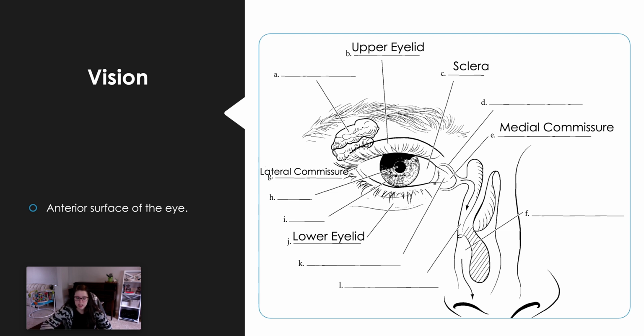The sclera, as I mentioned earlier, is the whites of your eye. This is pretty thick. The iris is the pigmented portion of your eye. And the pupil is the hole in the iris that allows light to enter and pass through to the retina.